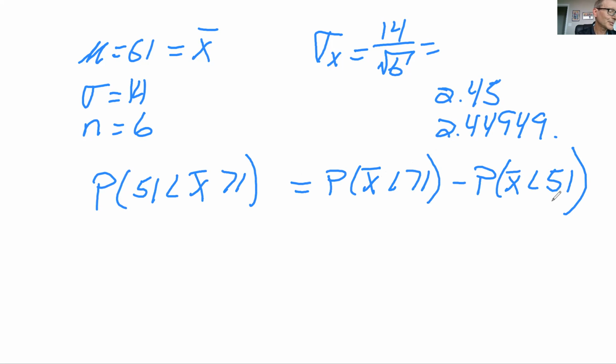And you would think that's going to be pretty big. That's a range of 20, and 61 is the mean, so it feels like it's right there in the middle. But we only have a standard deviation of 14, right?